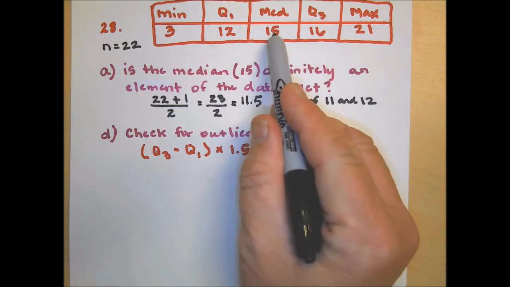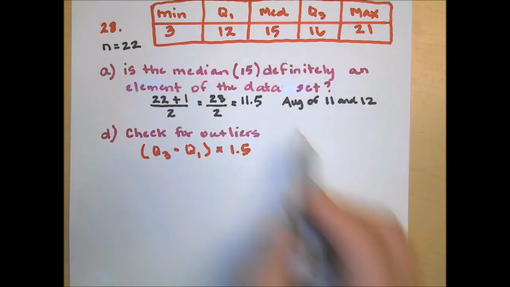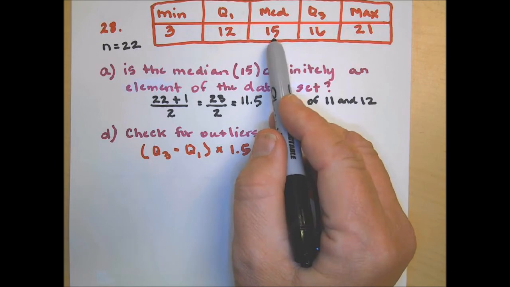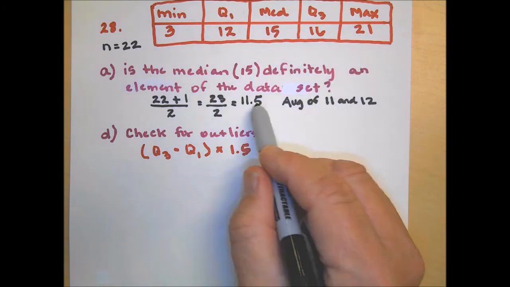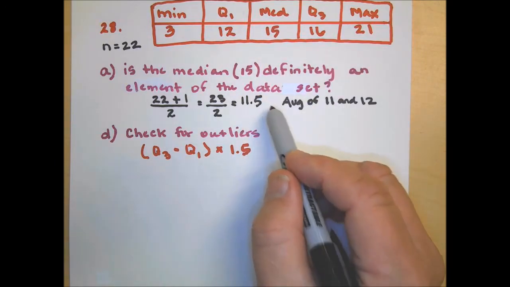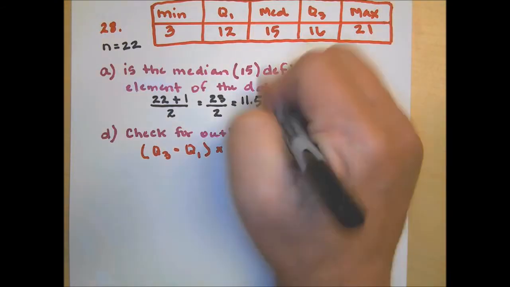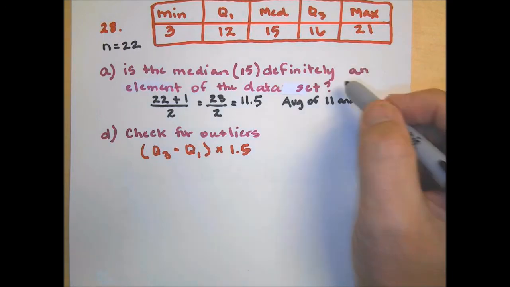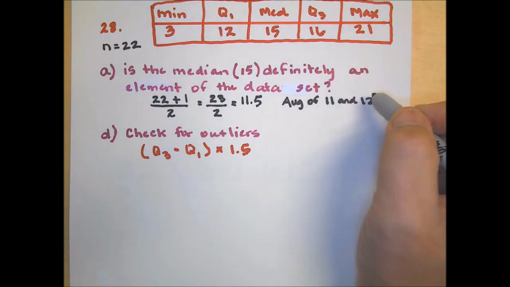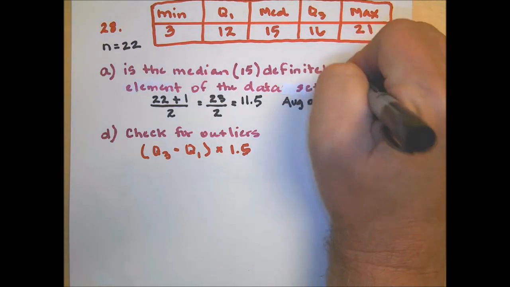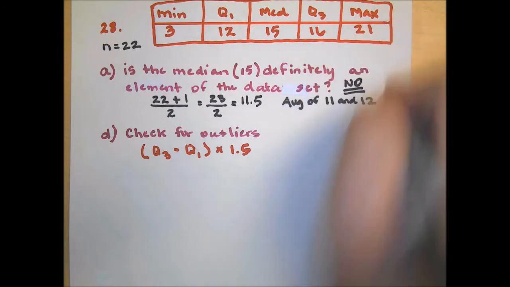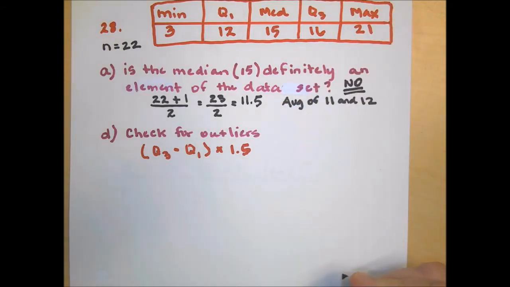That would have also given us a median of 15. So the fact that the median is the average of two numbers, we really don't know for a fact. Is the median 15 definitely an element of the data set? No. It might be, but it's not definitely.